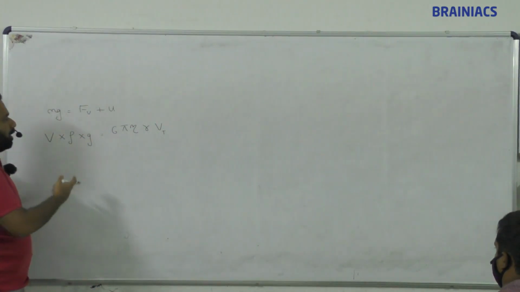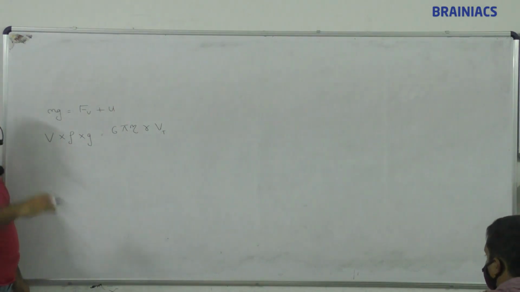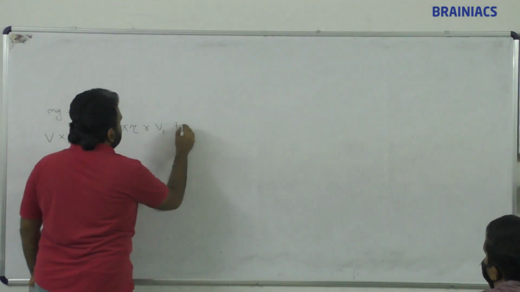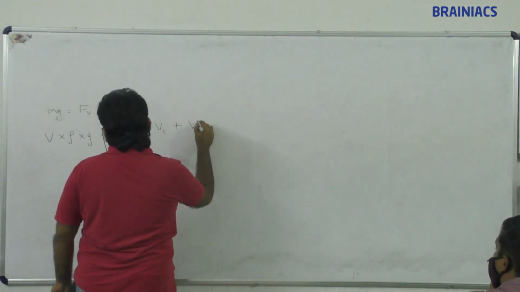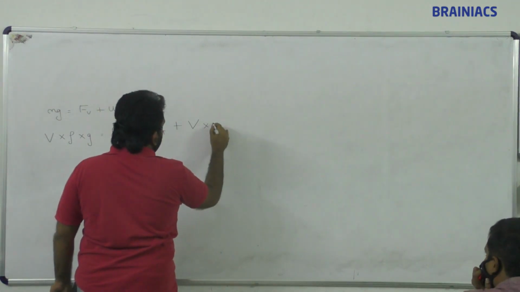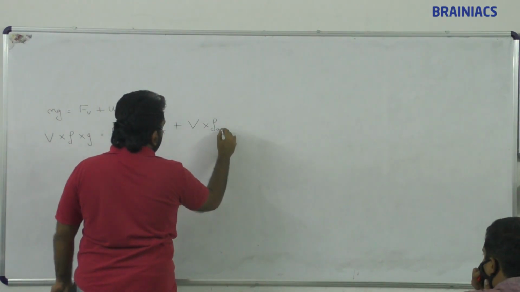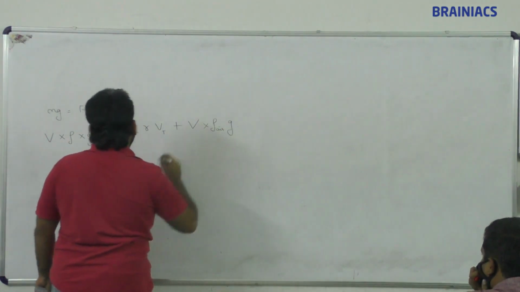Once this is equal, that is the terminal velocity, the last velocity which is possible. Plus upthrust, which is again the same volume into density of air into g.